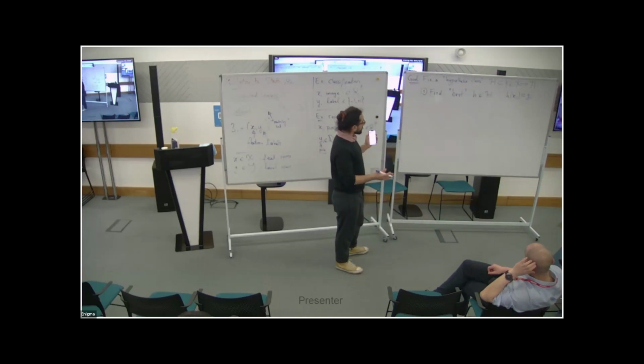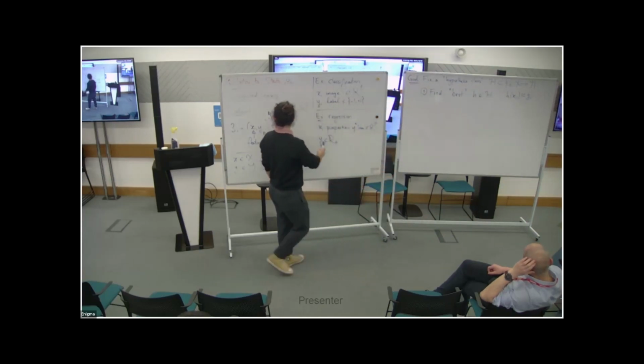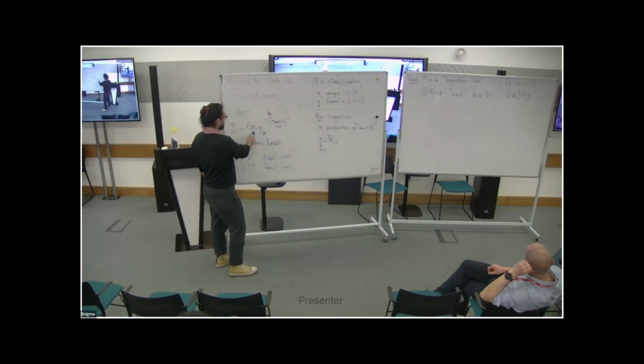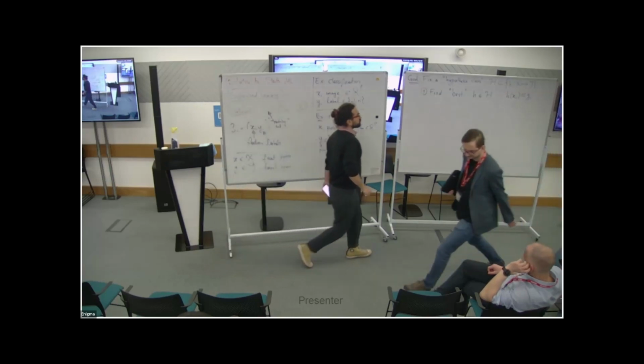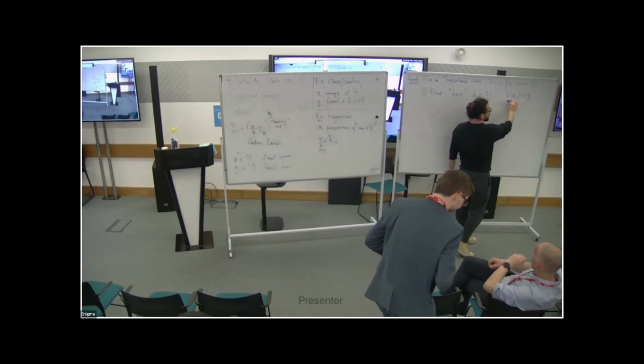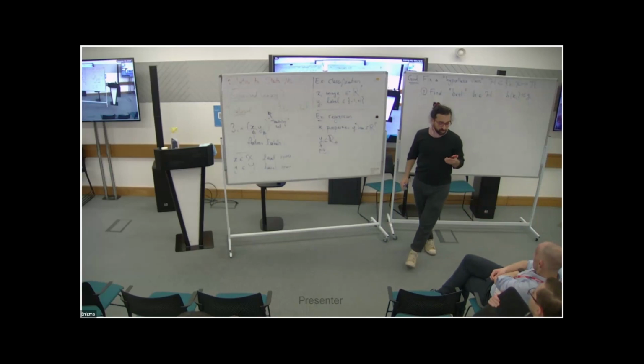So given a data set S, if I apply this function on each of the data points, the prediction provided by h will be accurate. So this is the goal.